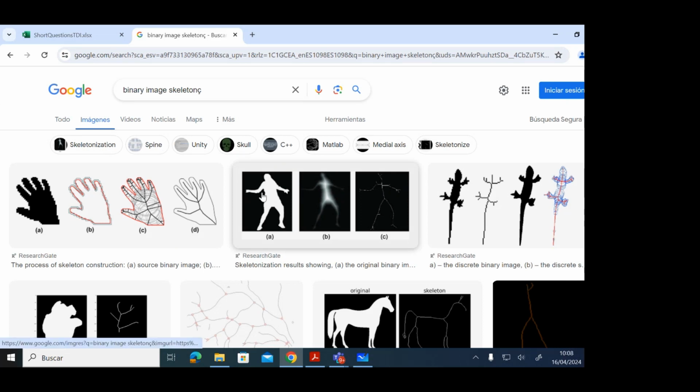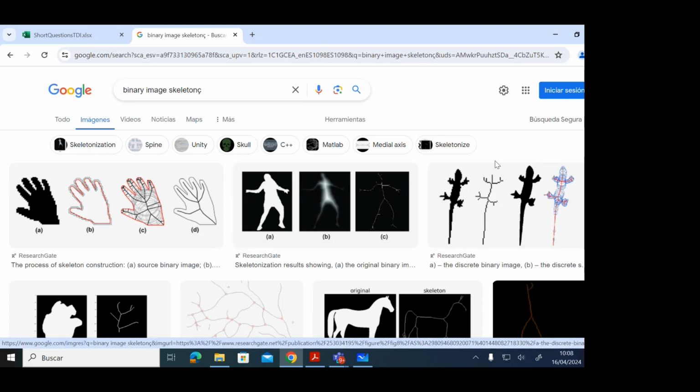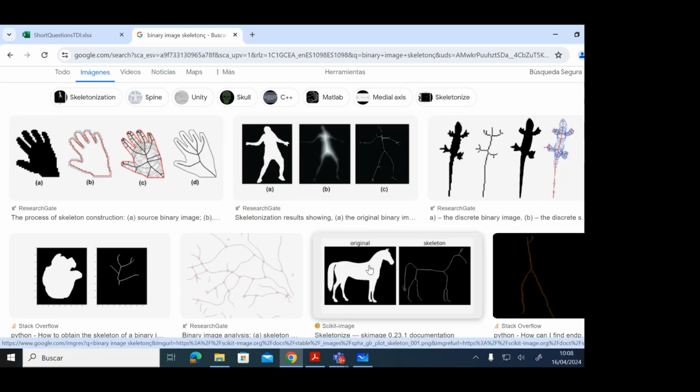So you can see what we want. We have this picture here, we want the skeleton. This is the skeleton. We want to compute this skeleton.